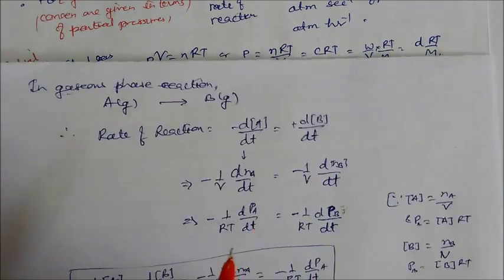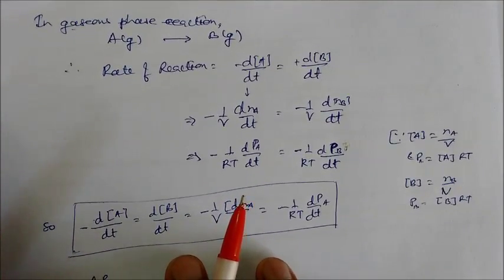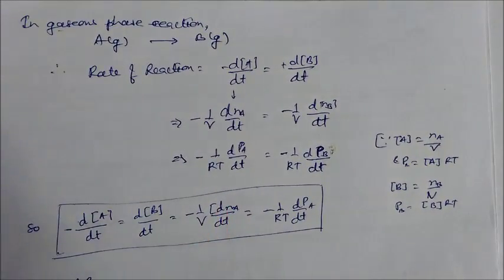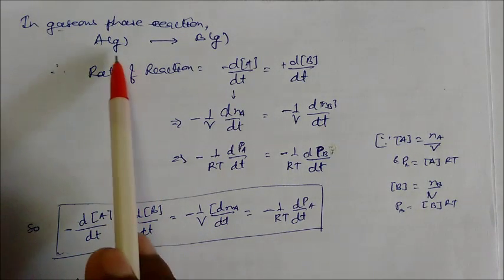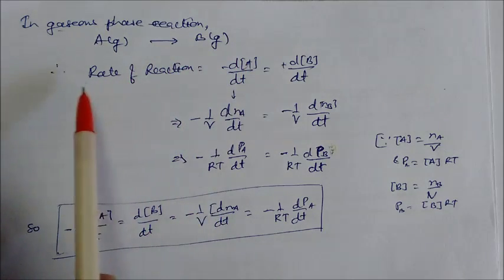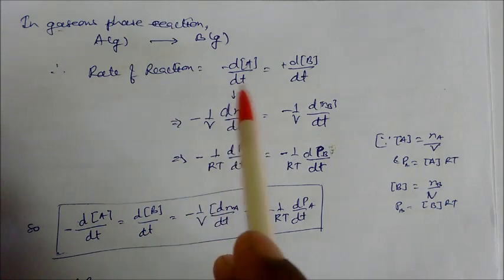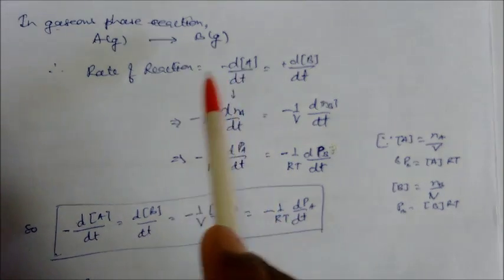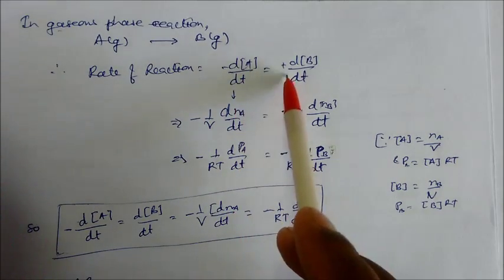Now, in gaseous phase reactions, how do we write the rate of reaction? Let A be the gas which is converted into gas B. The rate of reaction will be minus dA by dt equal to plus dB by dt.